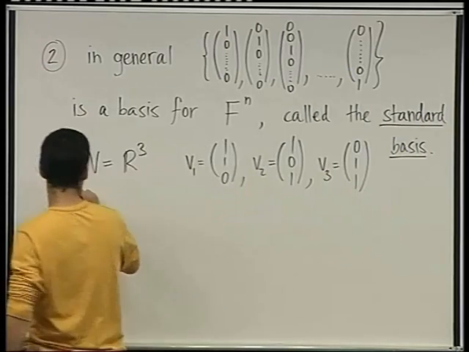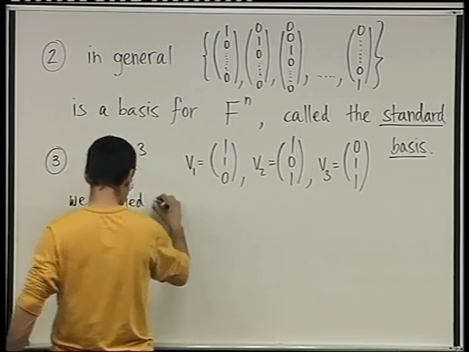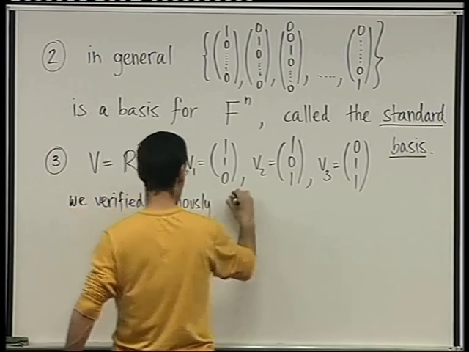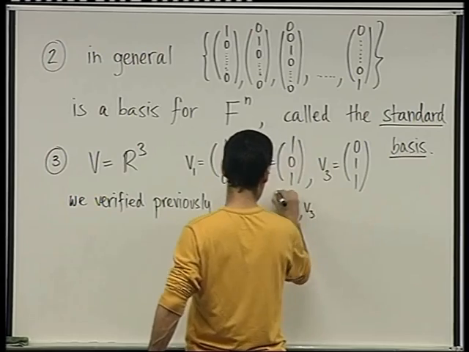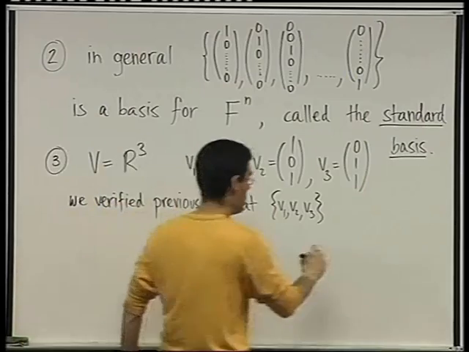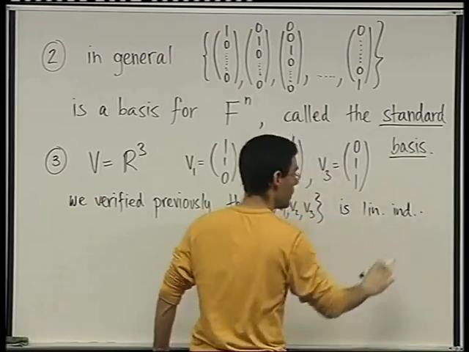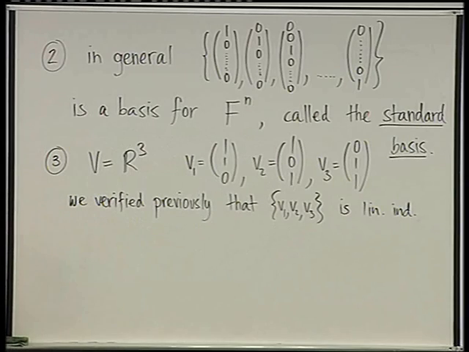So we verified previously, 1 or 2 lessons ago, that V1, V2, V3, this set with these exact vectors, is linearly independent. Okay, I don't know if you recall this precise example, but you can look it up. Okay, we did it. Okay, what we didn't do is show that it generates all of R3.